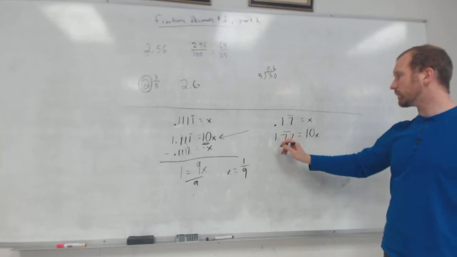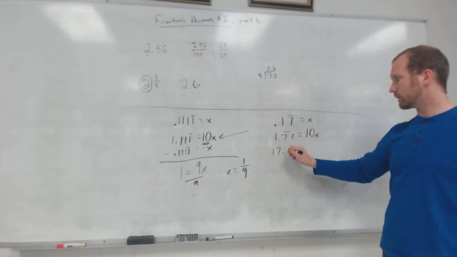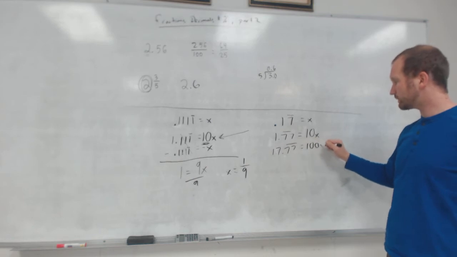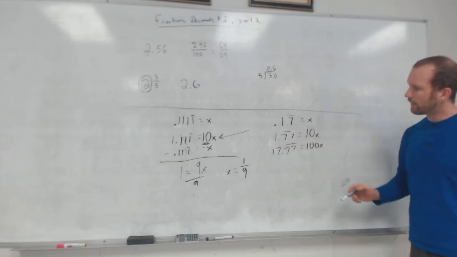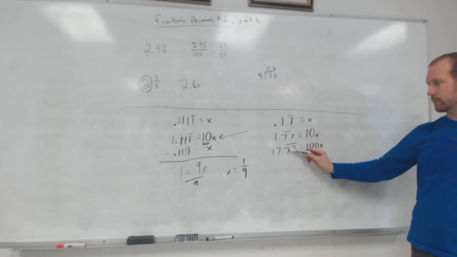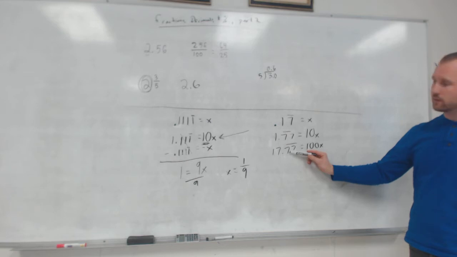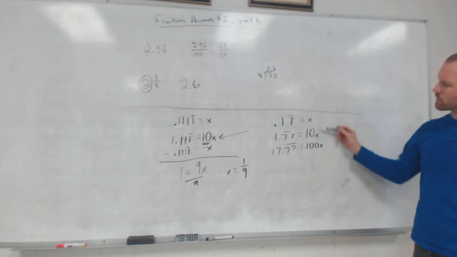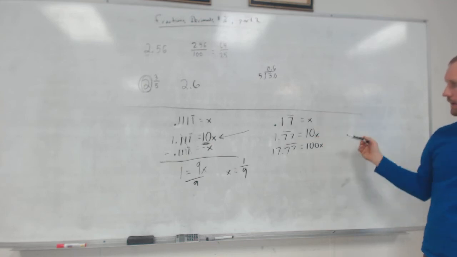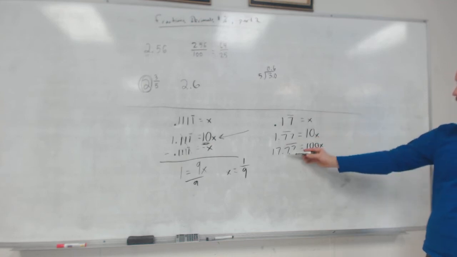But I could also multiply it times 100. That would be 100x. And then I could subtract the 10x from the 100x. And those would line up perfectly. So I'm kind of experimenting in a way to figure out how I'm going to combine my equations to get rid of all these repeating decimals.